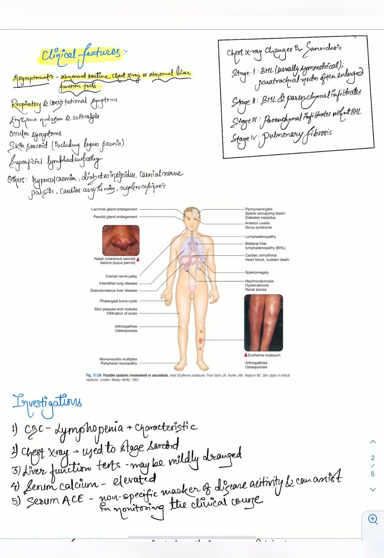Then there may be respiratory and constitutional symptoms, erythema nodosum, arthralgia, ocular symptoms, skin sarcoid including lupus pernio, superficial lymphadenopathy, hypercalcemia, diabetes insipidus, cranial nerve palsy, cardiac arrhythmias, and nephrocalcinosis.